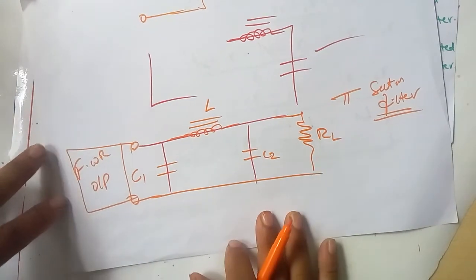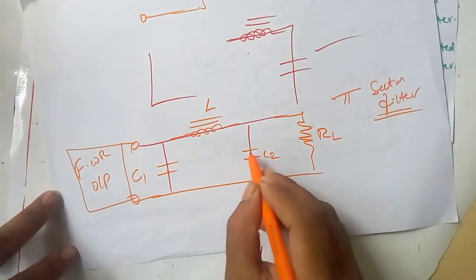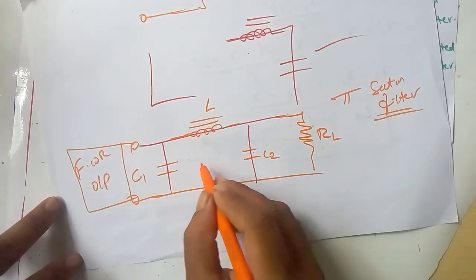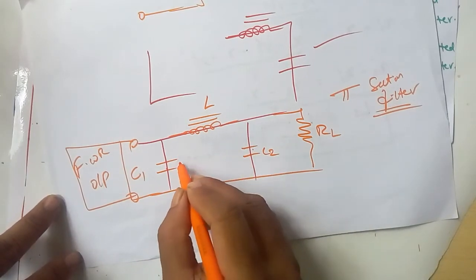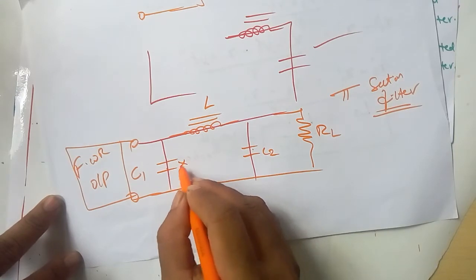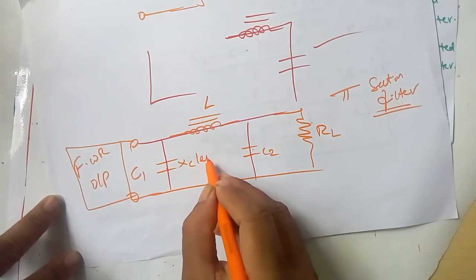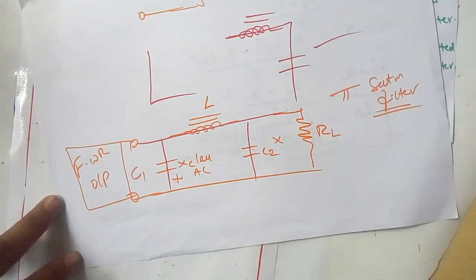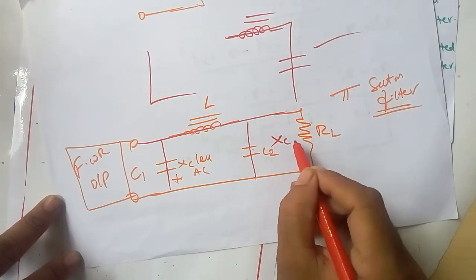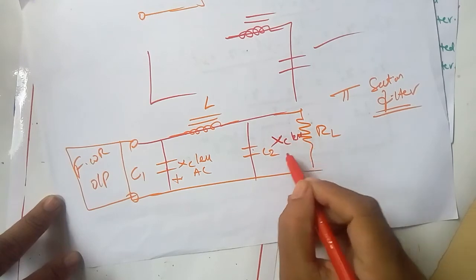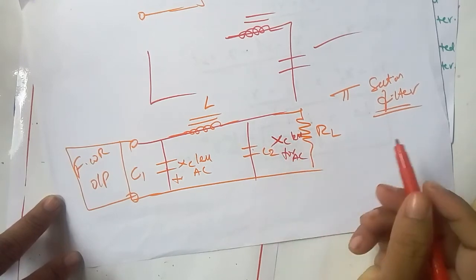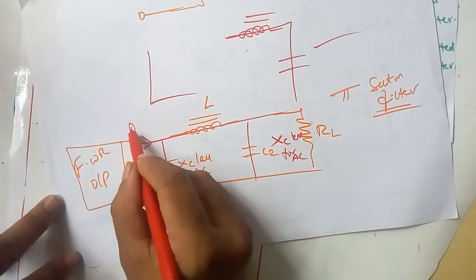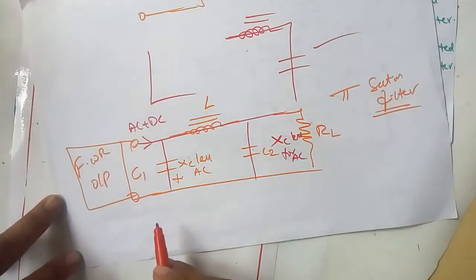What is the working? See, Nana, here the two capacitors are there. XC is less for AC, and here also XC is less for AC. First of all, AC plus DC is flowing.